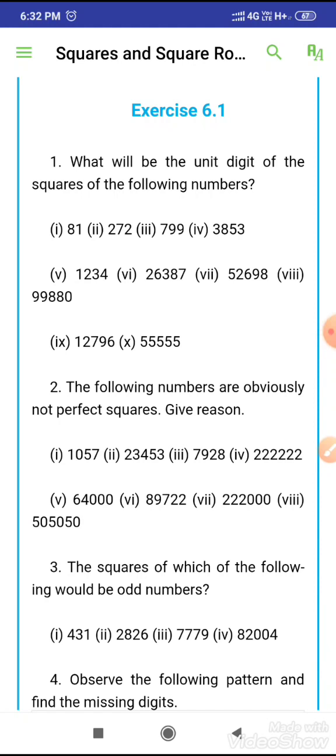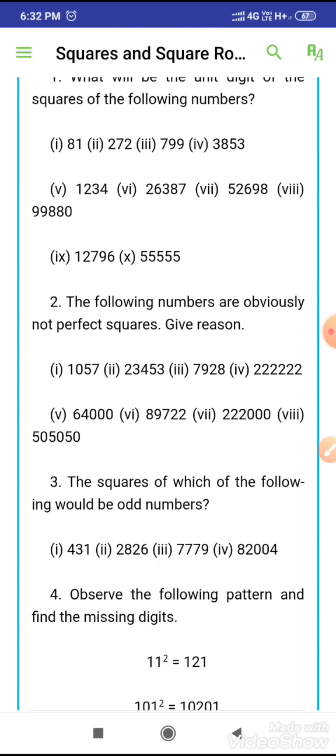In the eighth part, 0 multiplied by 0 is 0 in the unit place. In the ninth part, 6 multiplied by 6 is 36, it means 6 appears in the unit place. And in the tenth part, 5 multiplied by 5 and we have 5 in our unit place.